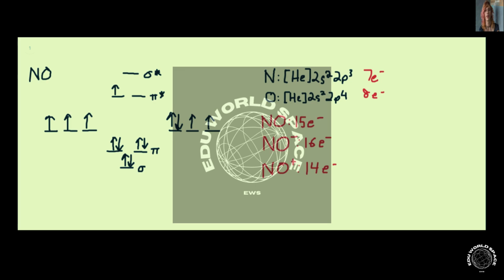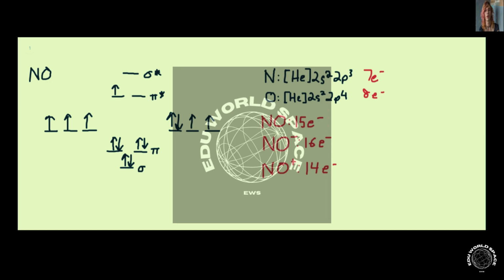A, oxygen is more electronegative than nitrogen. That has nothing to do with gaining or losing an electron in this scenario, so one is completely unrelated. So 2, the highest energy electron in NO lies in the pi 2p antibonding molecular orbital, or 3, the pi 2p molecular orbital in NO is completely filled.